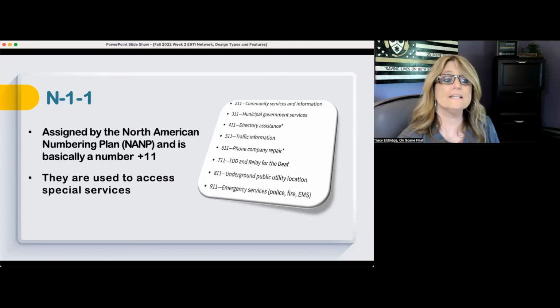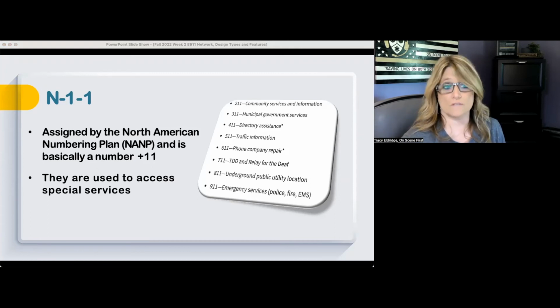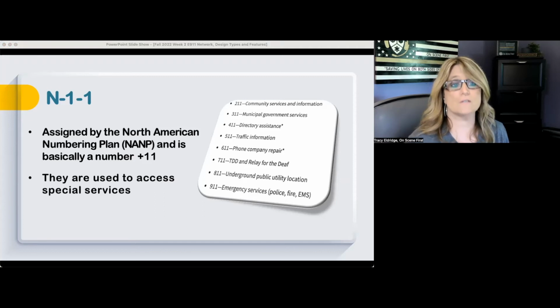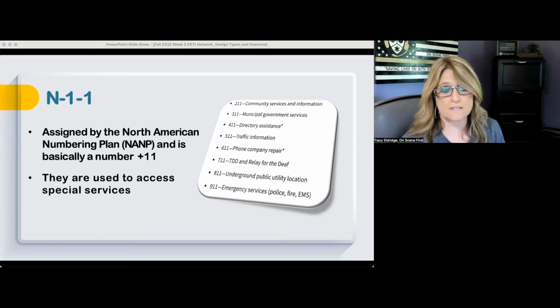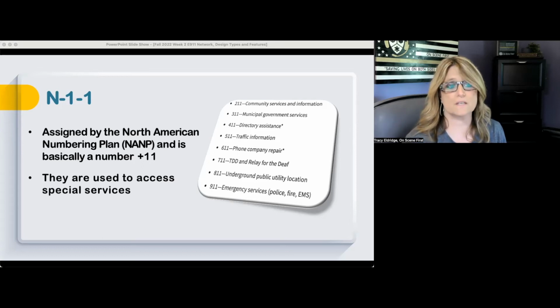And it's basically a number with 11 added to it. Okay. So when we dial 211, it could be identified as a community service and information. 311 is municipal government services. 411 directory assistance. 511 traffic assistance.